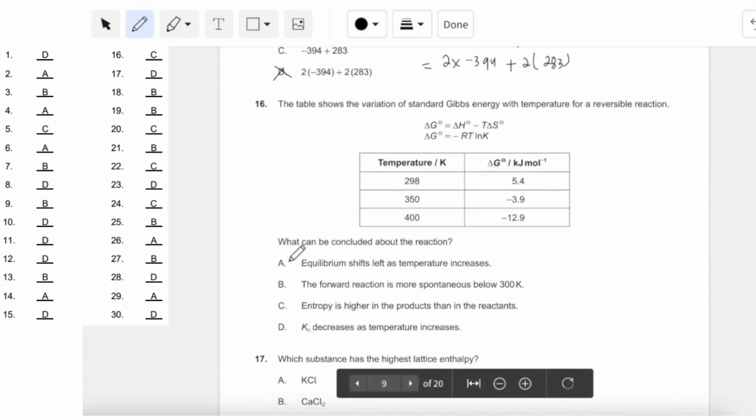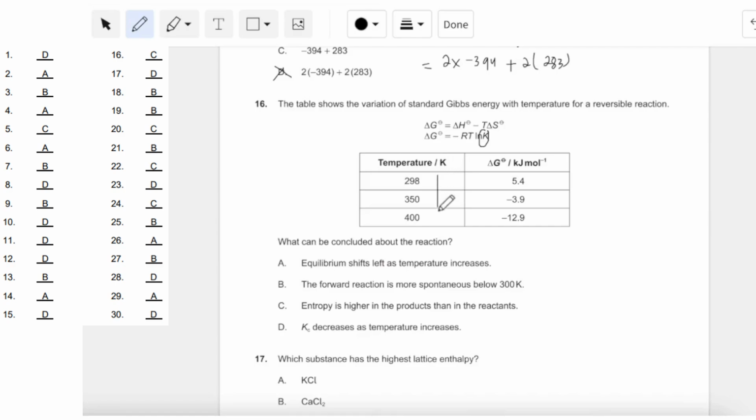Let's go for number 16. You guys see it here. The temperature increases, so obviously it's exothermic. And delta G here is more negative, so the reaction is spontaneous.